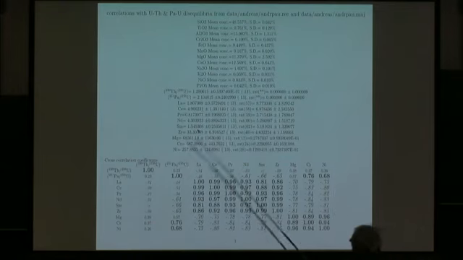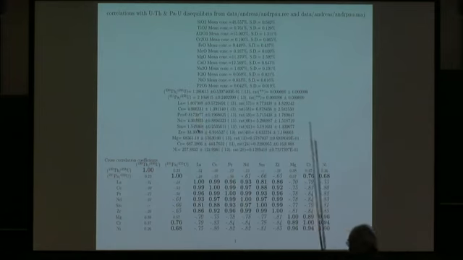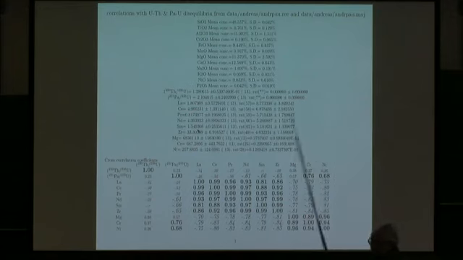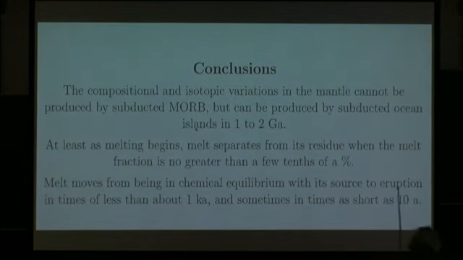Well, in order to get these fractionations, the melt fractions present, which are being extracted, have to be really small to fractionate it from protactinium-231. Less than about 0.1%. So that's really the conclusion, and this is where I will stop.